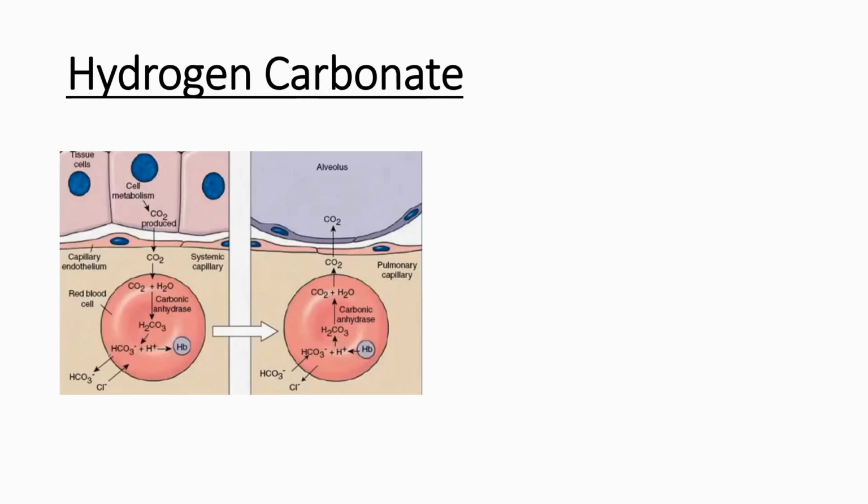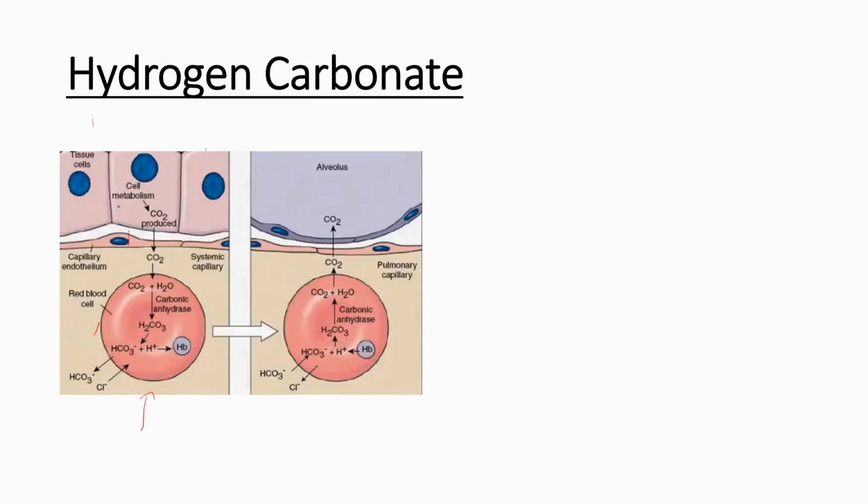Hydrogen carbonate. This is an important molecule, and I'll show you the process here by which hydrogen carbonate functions. So here we have a red blood cell on the left hand side, and this red blood cell is at the tissue respiring cells.